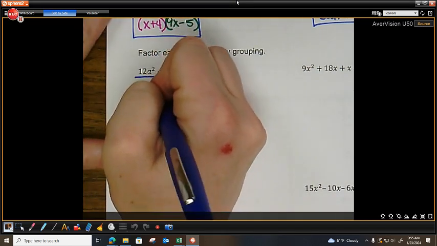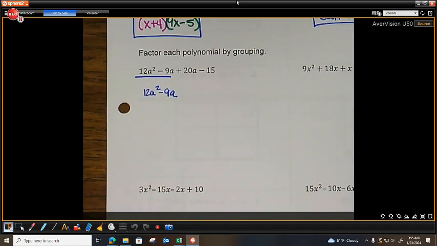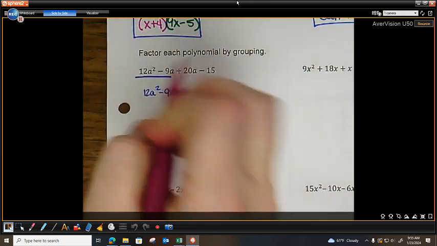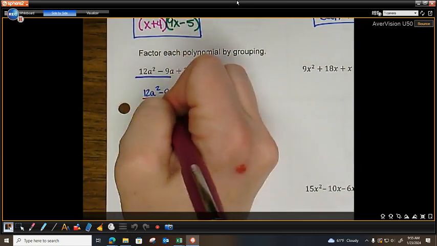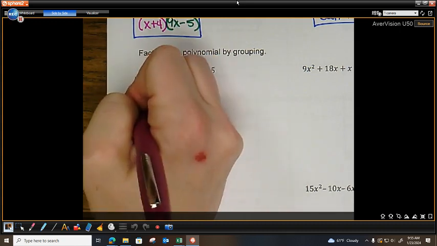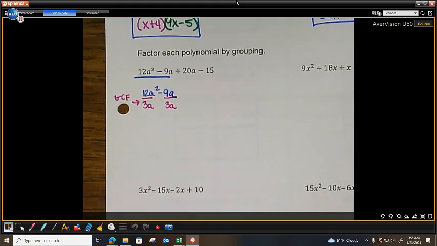So I'm going to rewrite my 12a squared minus 9a. Right, Troy? What are 12 and 9 both divisible by? Do they both have an a? Do they both have an a squared? No. So what's my GCF? 3a. So I'm going to divide both by 3a because that is your GCF. Are we okay with that? Now this is exactly like what we did on the front.